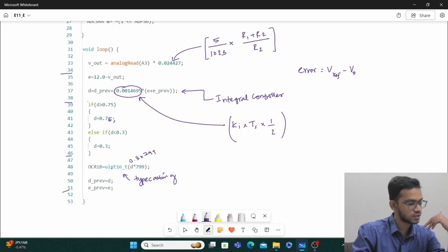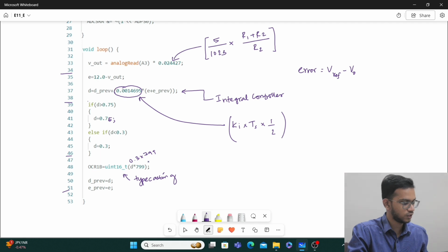When we say unsigned integer 16 underscore t, it's a template provided by Arduino. So this data type will help you to convert this fraction value into a 16-bit integer. So then we store that integer into this register. Why are we taking so much pain to convert it to a 16-bit number? Because OCR1B is a 16-bit register.